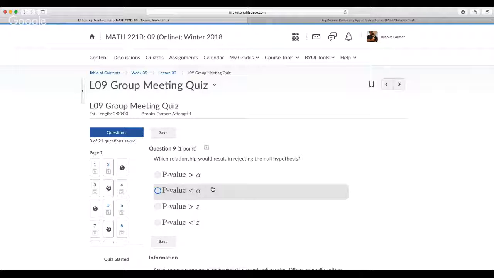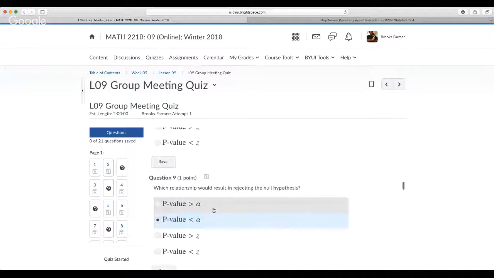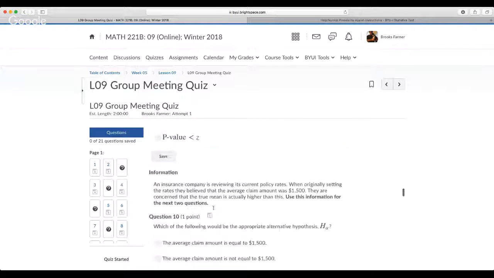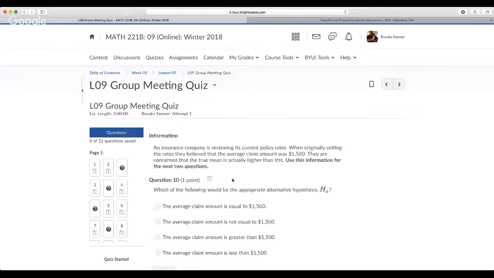So the one greater than the alpha would fail to reject, and the one less than the alpha would reject. Yep. I just don't want you to confuse those because that's pretty important. Yeah, and it's confusing already.